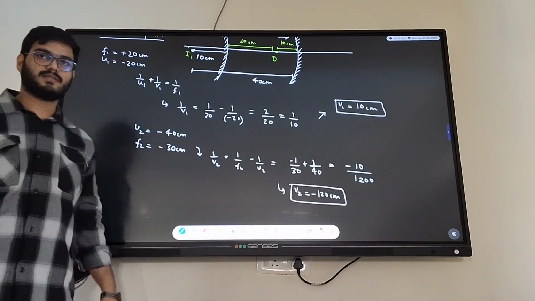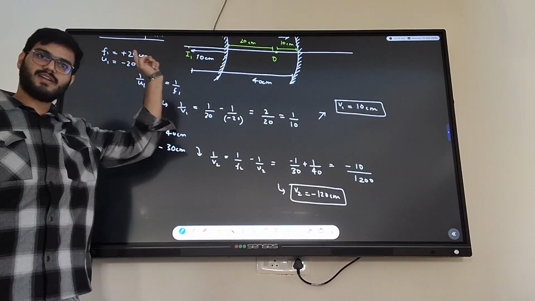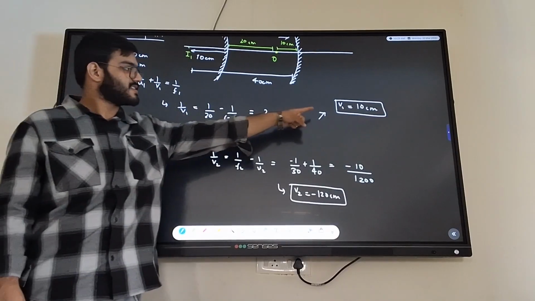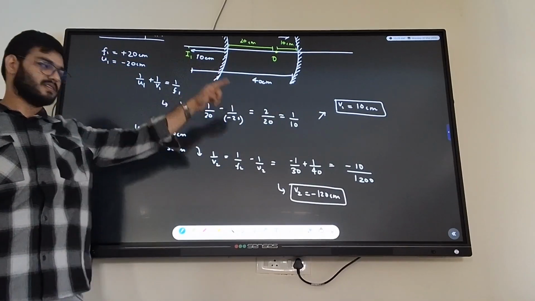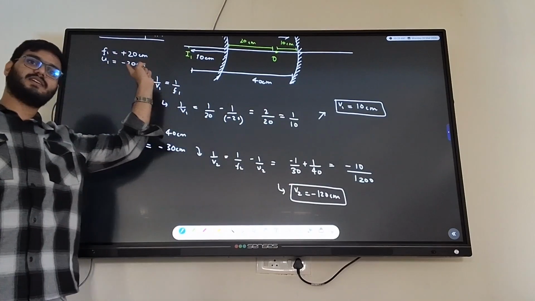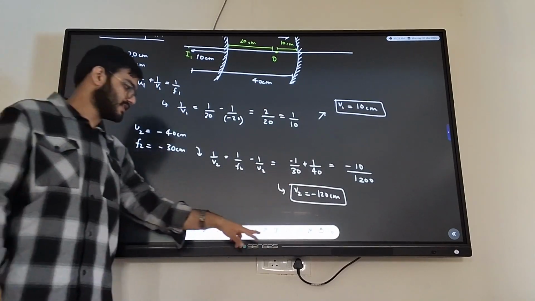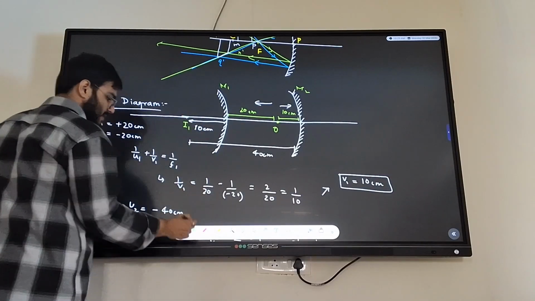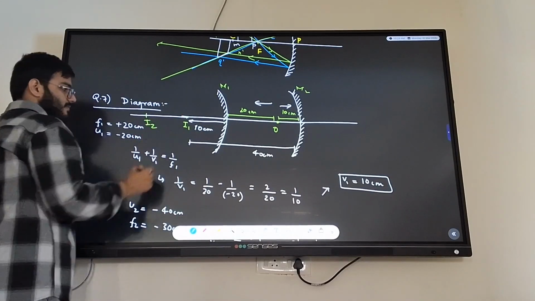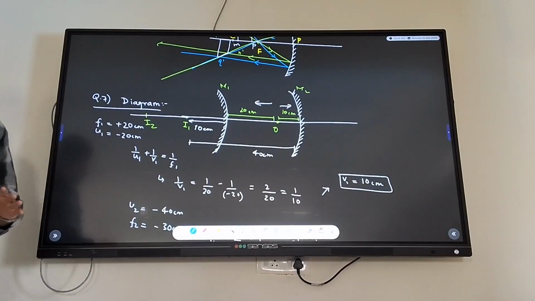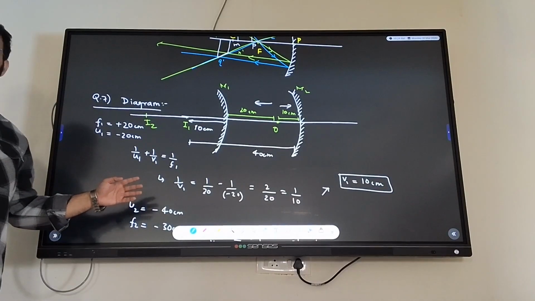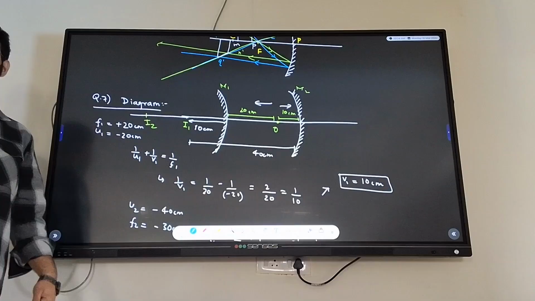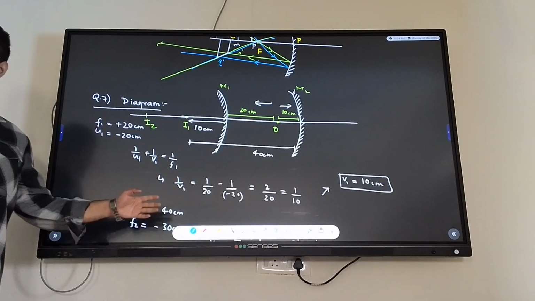Do you understand? Here image distance was positive, still here. Here image distance is negative, still here. Based on the incident ray. You'll find the image somewhere here. Do you understand? These type of questions are called combination of mirrors. Do you understand how to deal with this question?